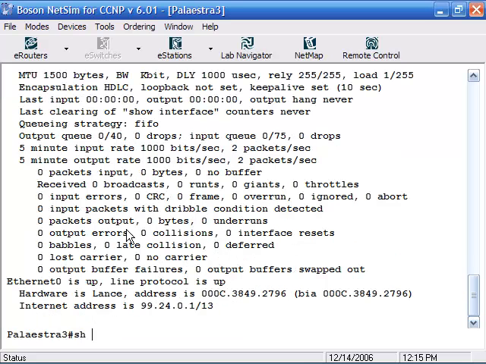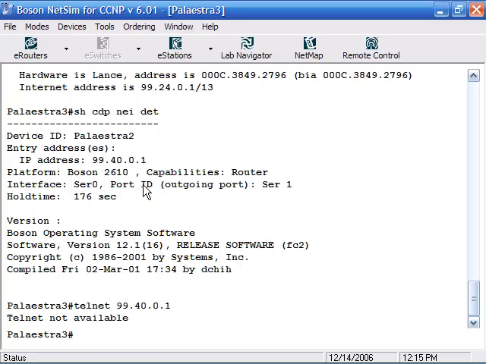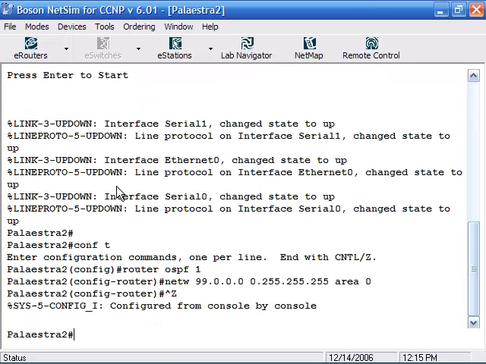What I would do is show CDP neighbors detail command and take a look at the neighbor router IP, 99.40.0.1, and I'd make sure that they were compatible. If I had to, I could even telnet into Palestra 2. Oh, I haven't set a password yet to telnet, so I'll do it the cheater way.